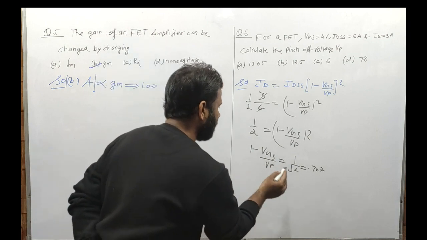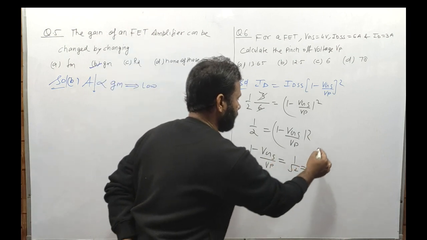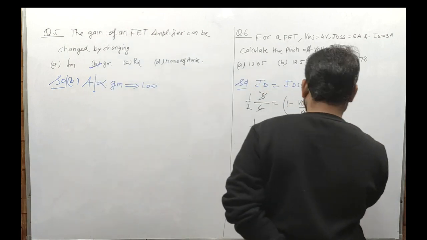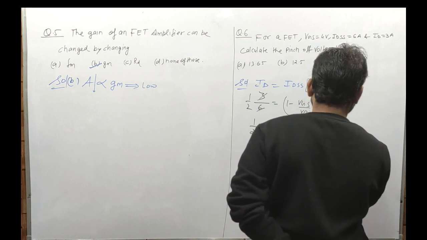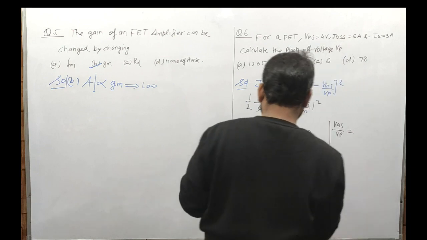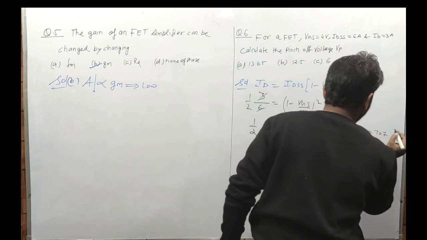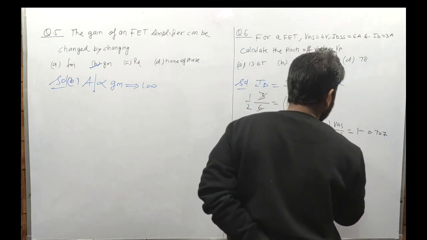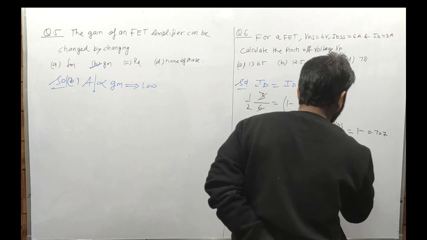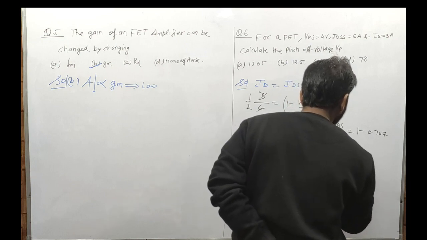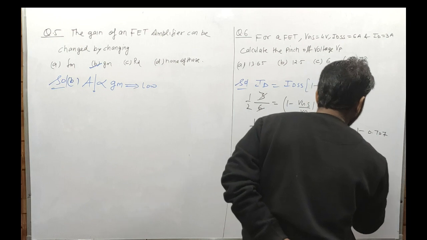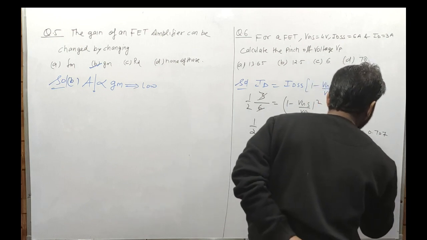Now we have 1 minus VGS upon VP equals to 0.707. So VGS upon VP is equals to 1 minus 0.707. Then VGS upon VP, we require VP na, so VP upon VGS is equals to 1 upon 1 minus 0.707.